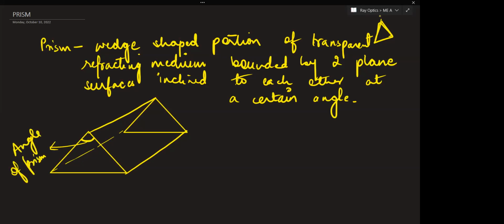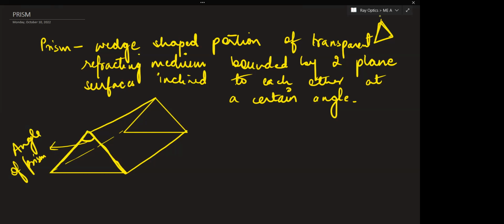Because this is the part where both the plane surfaces subtend an angle. And these are the refracting surfaces, refracting faces. This face, this face.